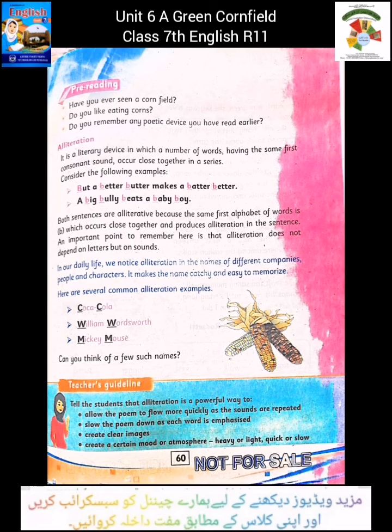These start with the same initial sounds. Basically this whole poem is based on alliteration, and there are a lot of alliterative examples in it. I hope you have got the idea of what alliteration is.